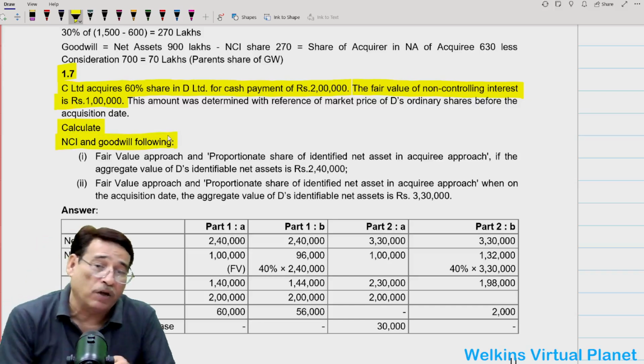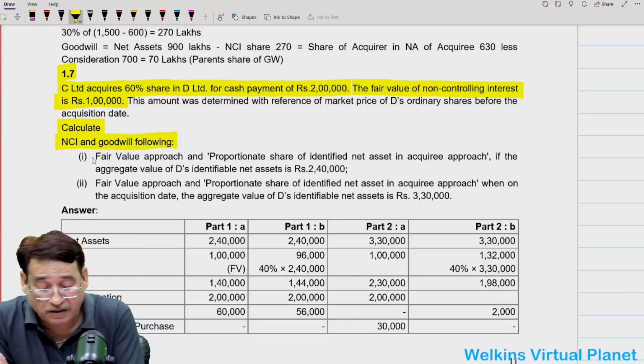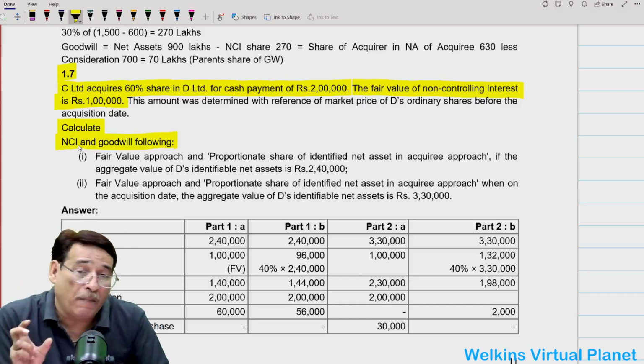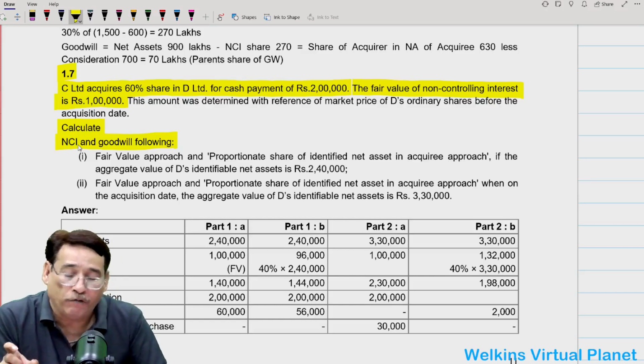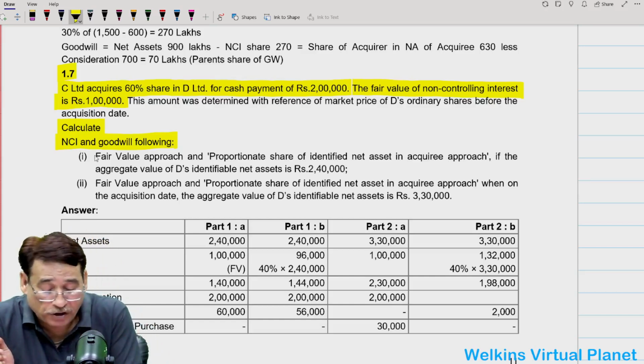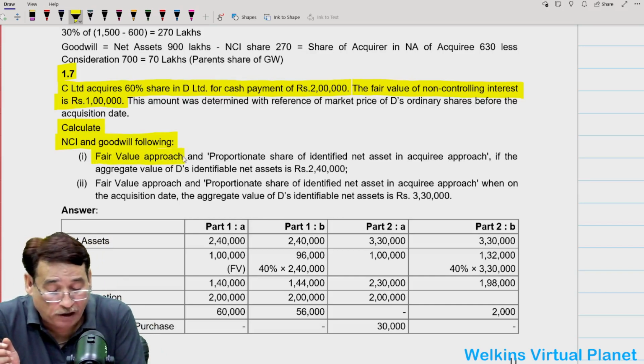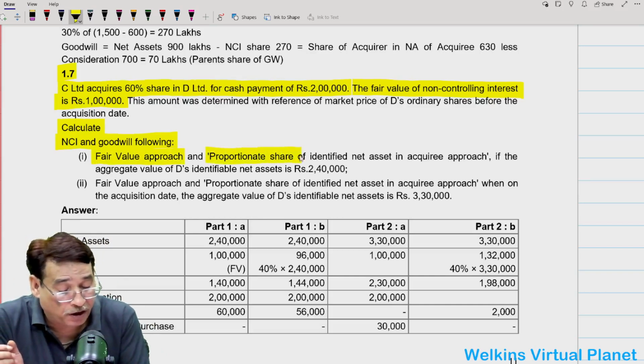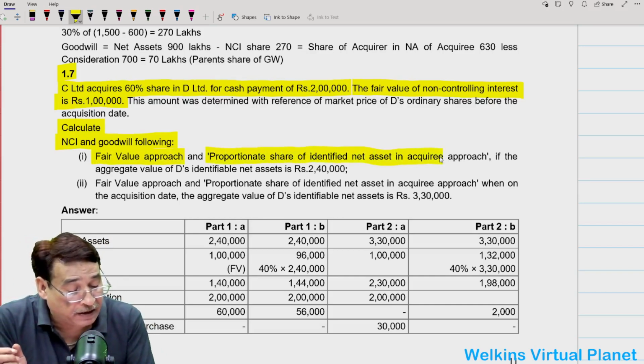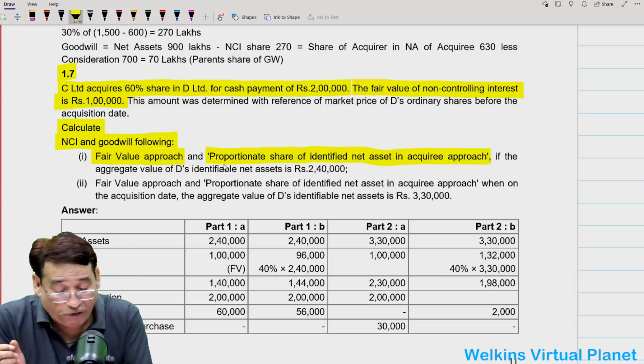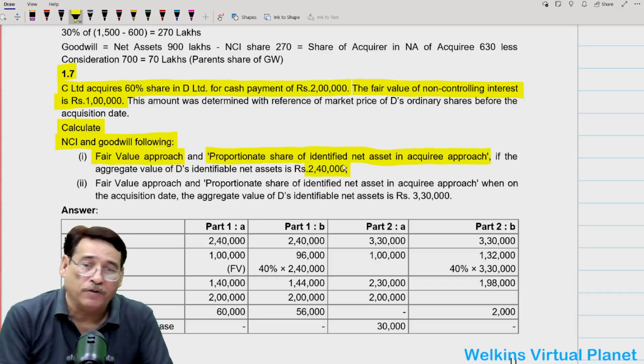Now, this question is asking us to compute the amount of NCI and goodwill. Part 1 of the question states the fair value approach and the proportionate share of identified net asset acquired approach, if the aggregate value of net asset is equal to 2,40,000.